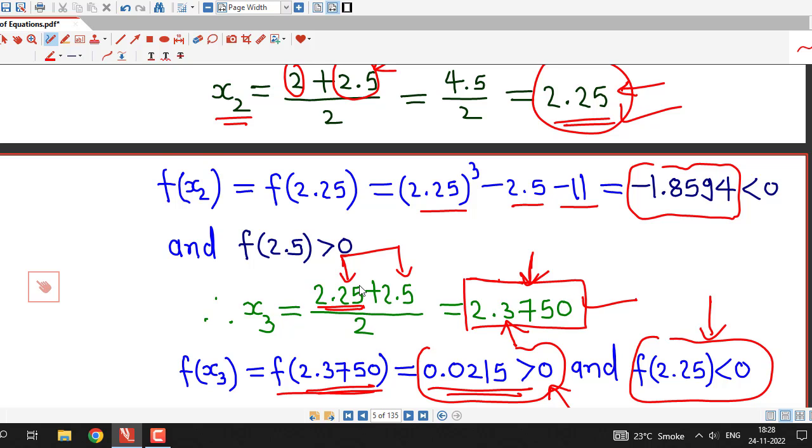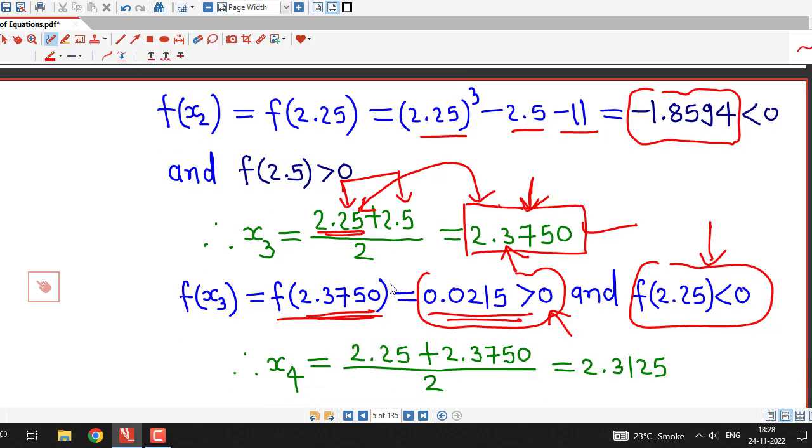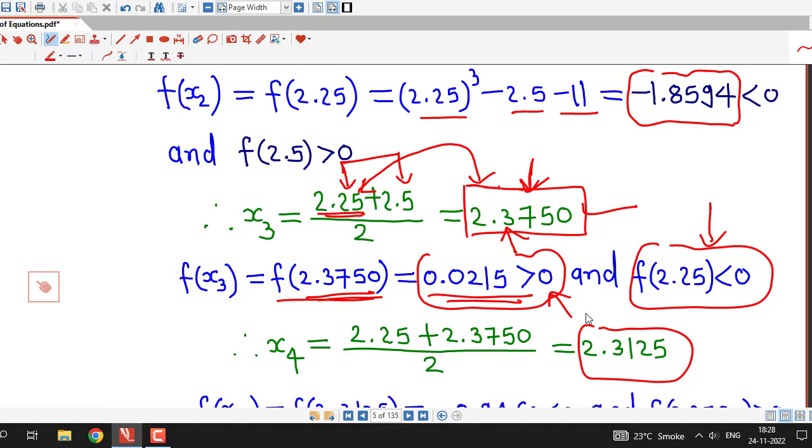So my next approximation will be the average of 2.3750 and 2.25, denoted by x4, and I obtain 2.3125. We can compare x3 and x4; they are equal up to only the first decimal place. So I have to continue this process.